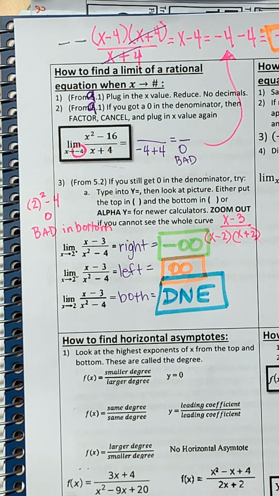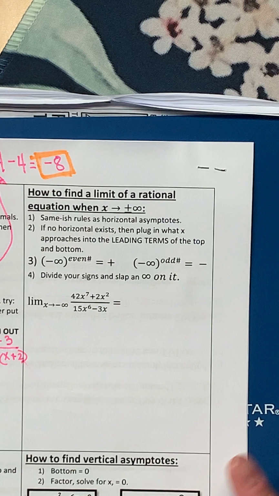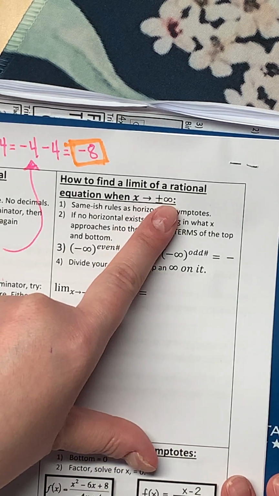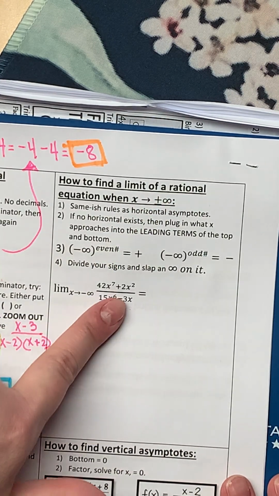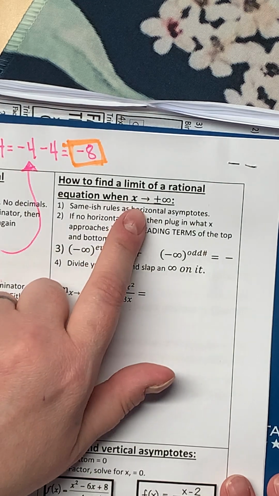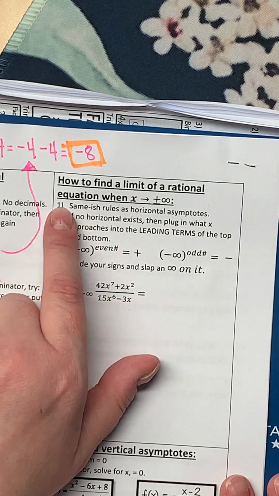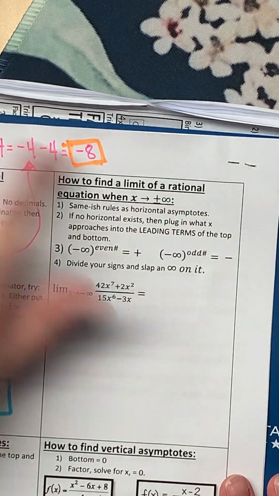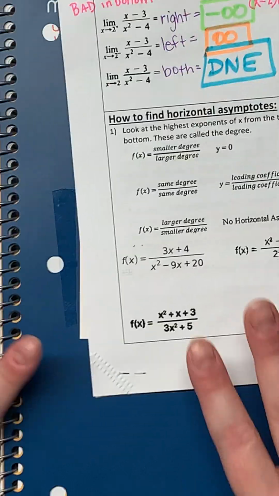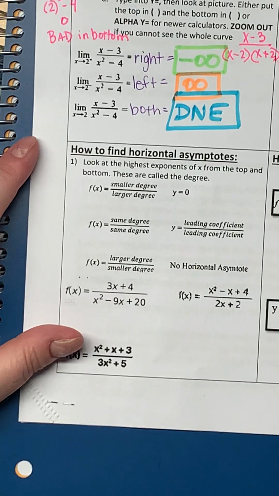Okay, let's look at how to find the limit of a rational equation, and remember, rational means like these fraction equations, as x approaches infinity. It says we have to use the same rules as horizontal asymptotes. Well, we haven't learned those. So let's look at this horizontal asymptote business.